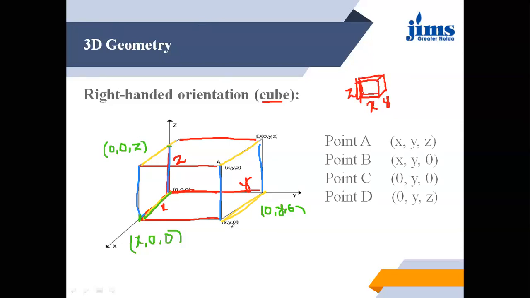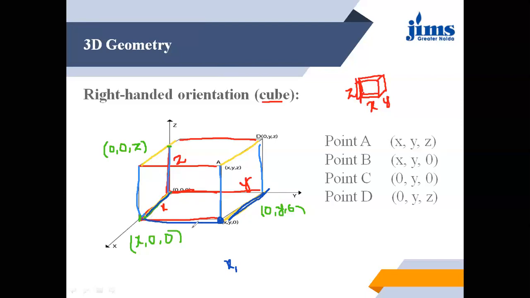When we want to find out the value of this corner, then in the x direction, this is x distance away from the origin or from the y-axis.